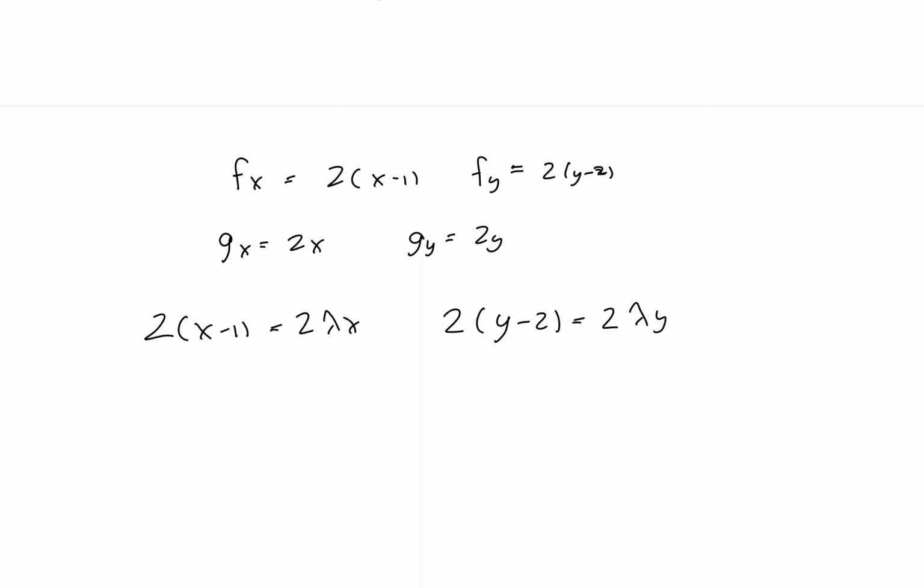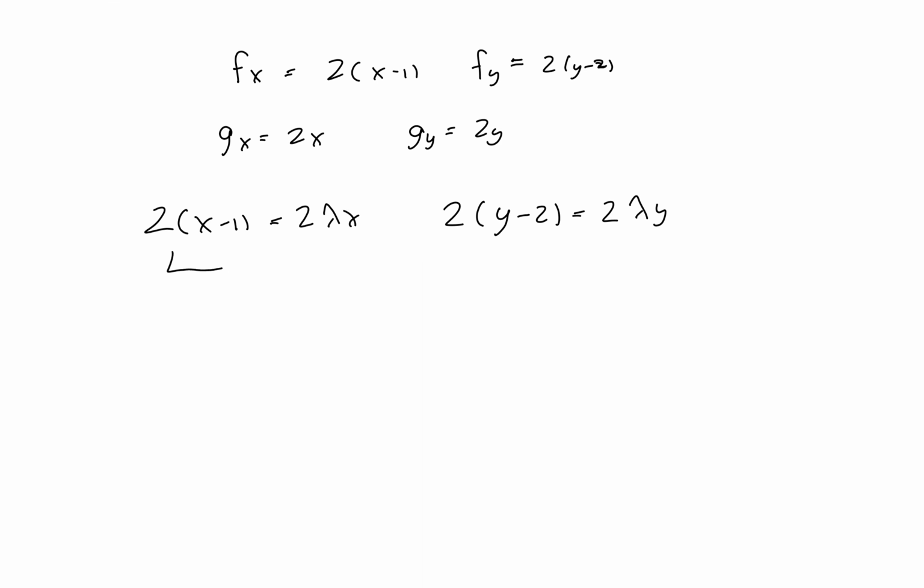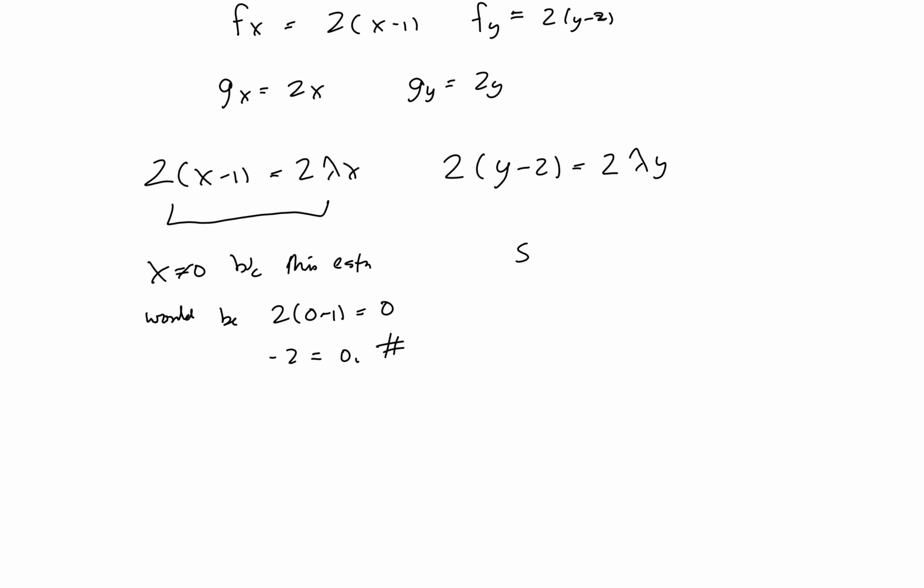Notice with the first equation, x can't be equal to 0, because this would be 2 times (0 minus 1) equals 0, which is a contradiction. Similarly, y can't be equal to 0 either.